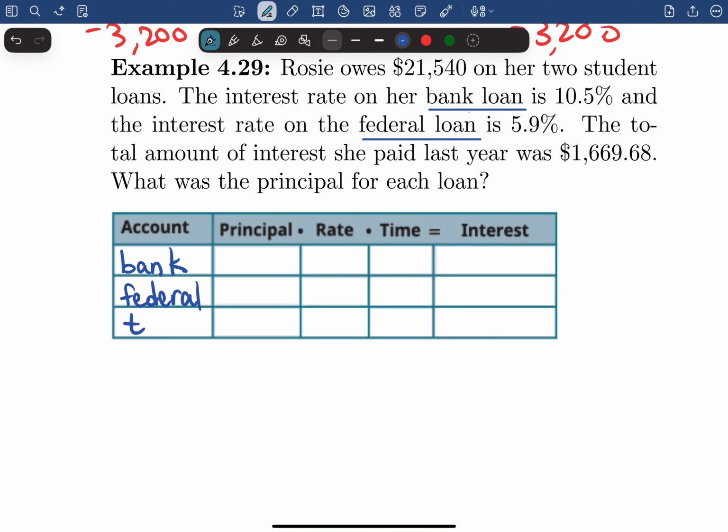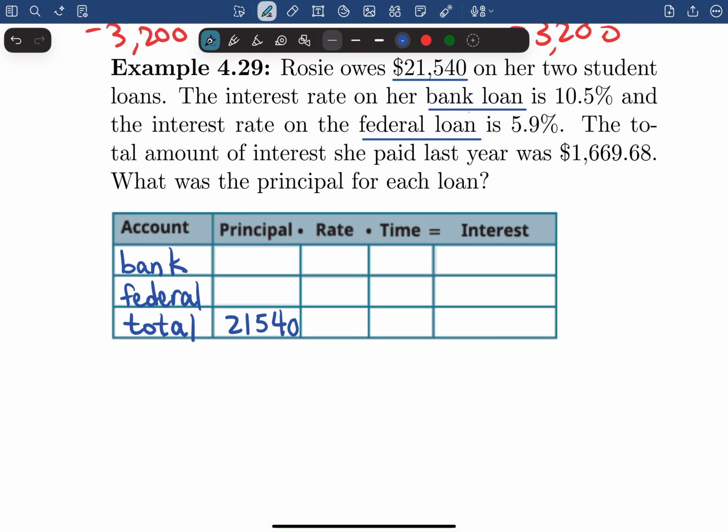And then I have a total. Now, the amount that she owes in her loans is $21,540. Okay, so that's the principal, $21,540. Now, there are different types of accounts.